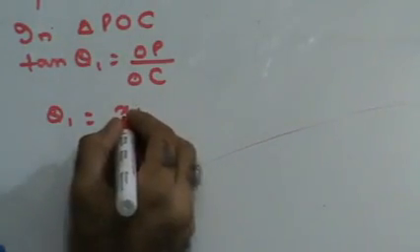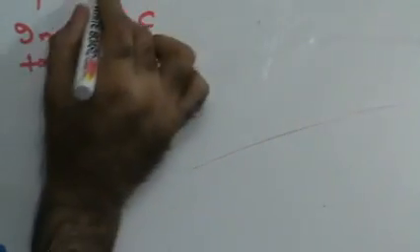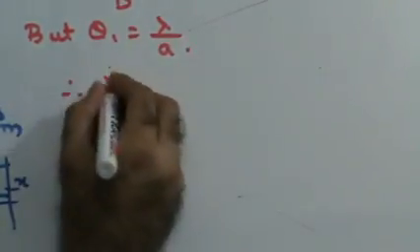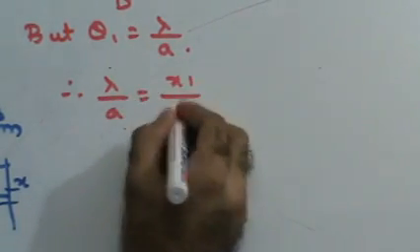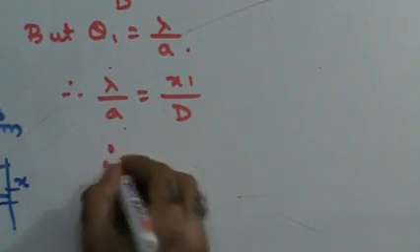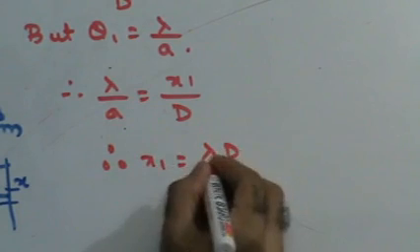So θ1 is x1 upon d, where d is the distance between the slit and the screen. But we have already found out that θ1 is λ upon a. Therefore λ upon a is x1 upon d, and cross multiplying, x1 is λd by a.